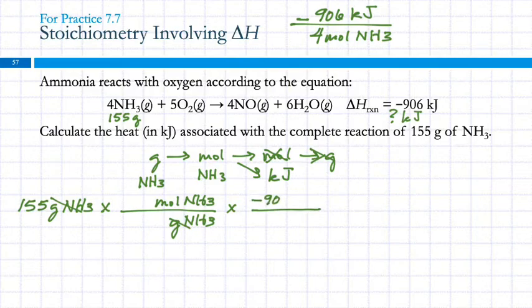It says negative 906 kilojoules for every 4 moles of ammonia. And so moles of ammonia cancel out. I need the molar mass of ammonia: 17.034.